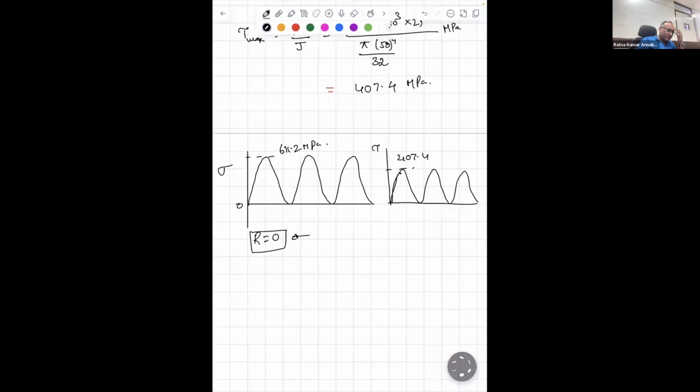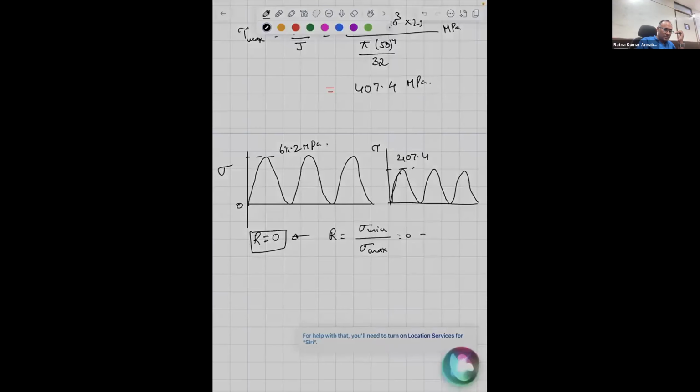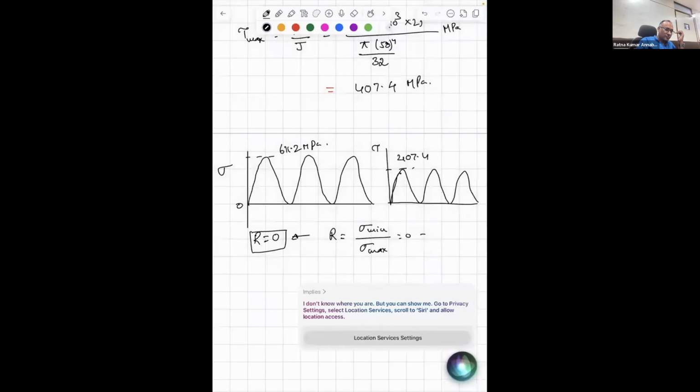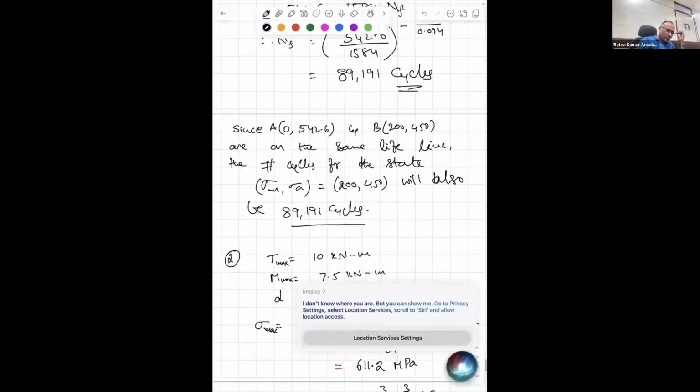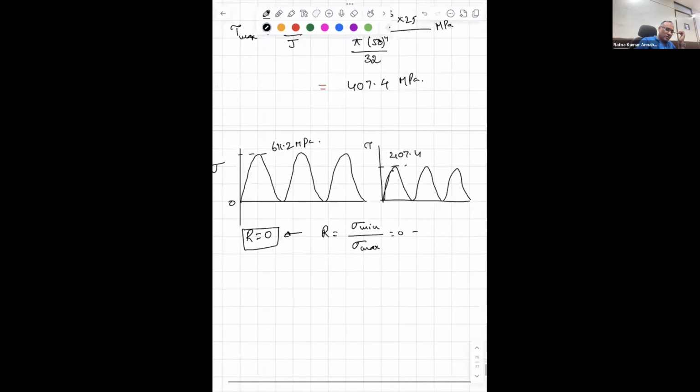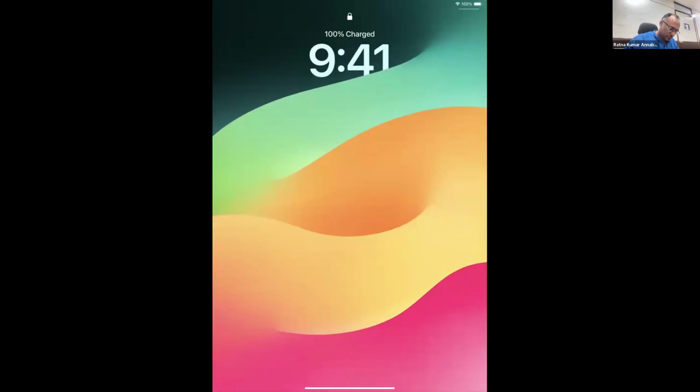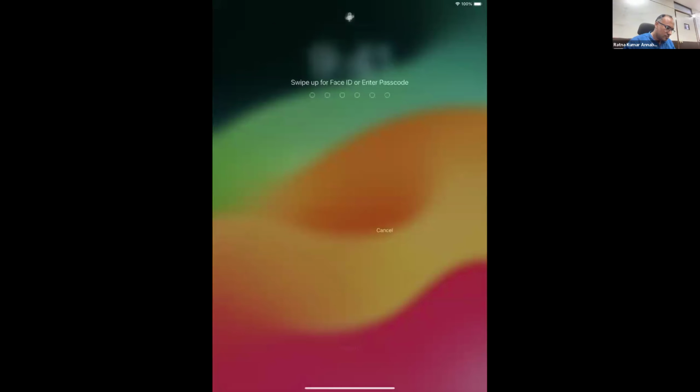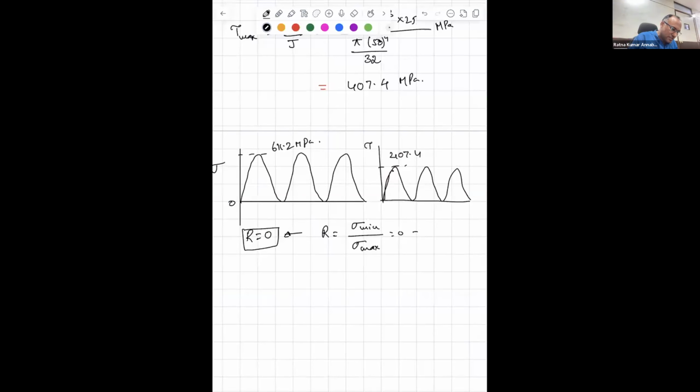What is the meaning of that? Stress ratio is nothing but sigma min by sigma max. That implies sigma min is 0.